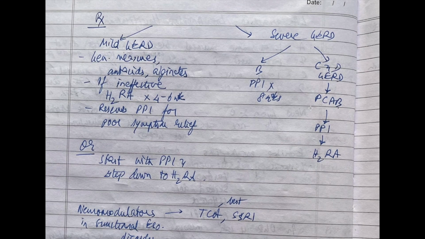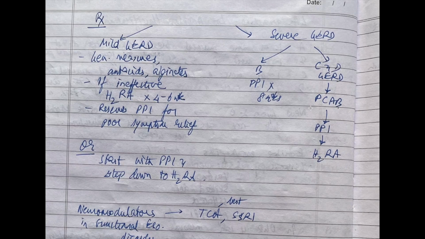The treatment of GERD. If there's mild GERD, we use general measures, antacids, alginates, and if it's ineffective, we put them on an H2RA for 4 to 6 weeks and then a rescue PPI for poor symptom relief. Or we can start with a PPI and then step down to an H2RA.